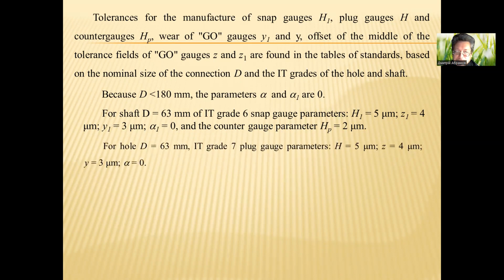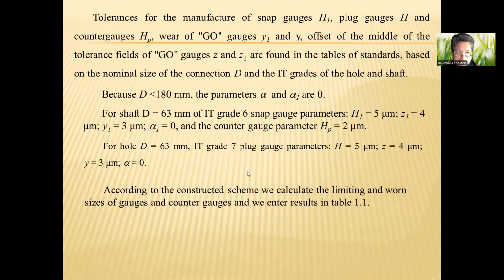For the hole, nominal diameter 63 millimeters, IT grade 7, plug gauge parameters: H is equal to 5 micrometers, Z is equal to 4 micrometers, Y is equal to 3 micrometers, alpha is equal to 0.